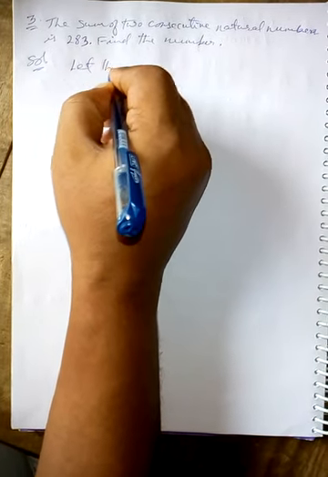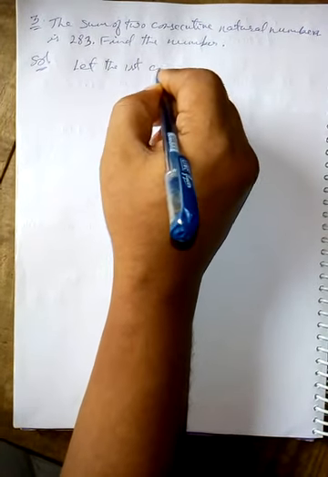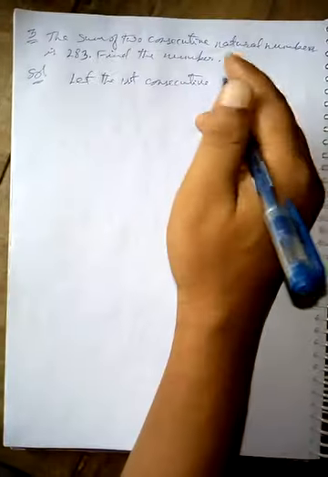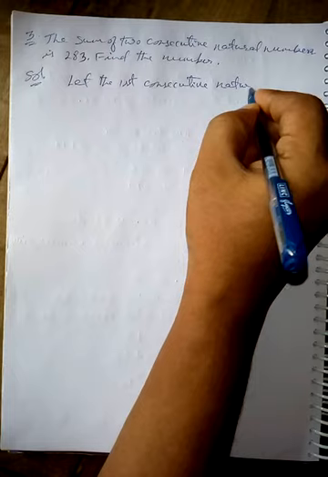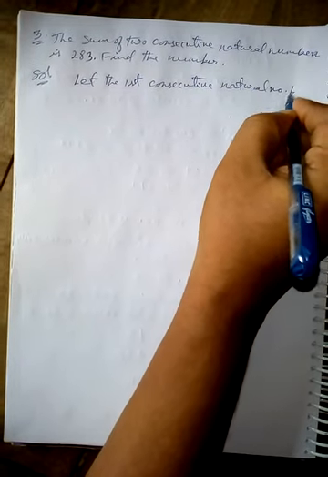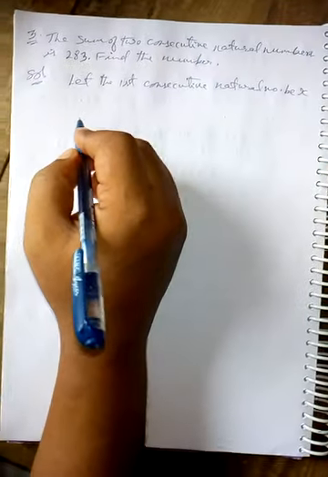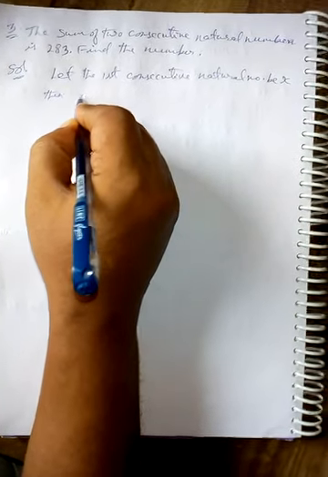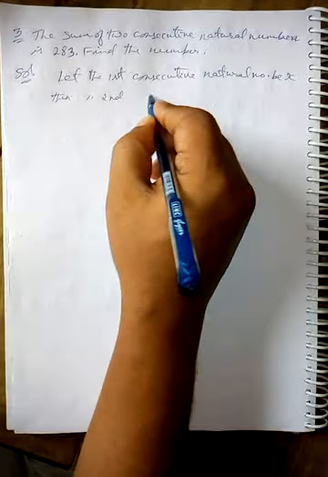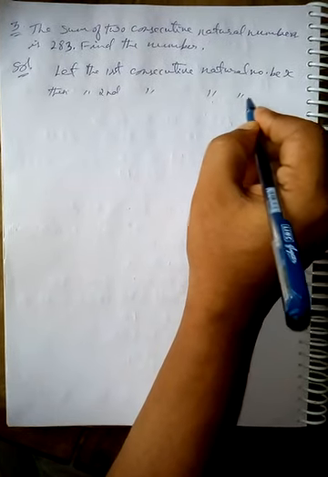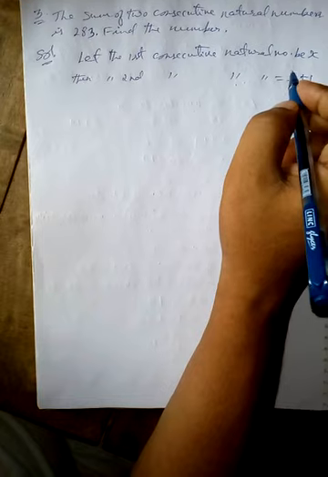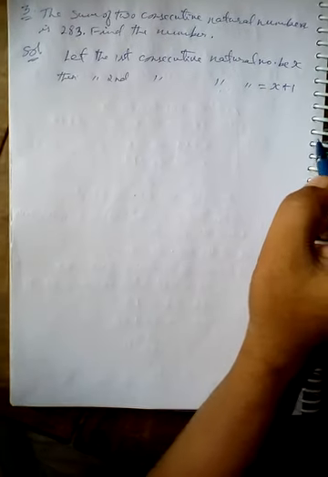Let the first consecutive natural number be x. अगर पहला consecutive natural number को मैं x ले लेते हैं, then the second consecutive natural number is x plus 1. क्योंकि दो consecutive natural number के बीच में 1 का ही difference होता है.